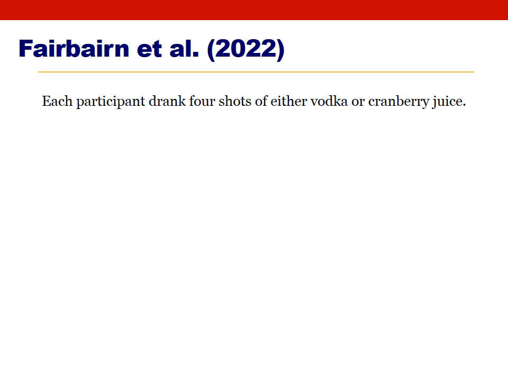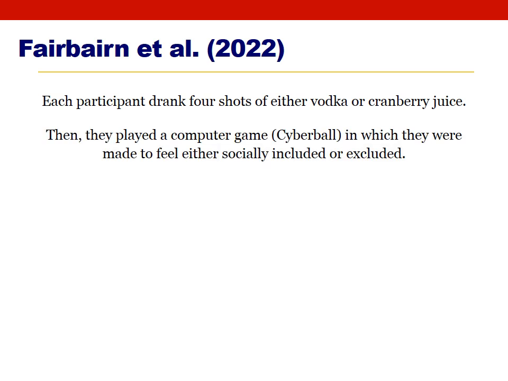In this study, participants came into the lab and they drank either 4 shots of vodka or 4 shots of cranberry juice. So in other words, some people got alcohol and some people didn't. Then, participants played an online game called Cyberball.